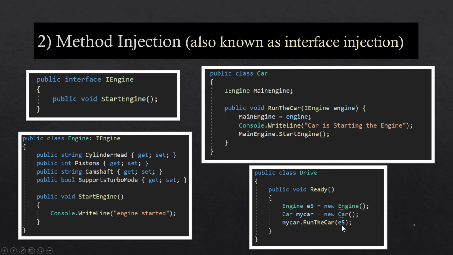So I have provided it with an engine. This engine will go here and be assigned to the main engine of the car, and then it will start working. So this is how method injection works.